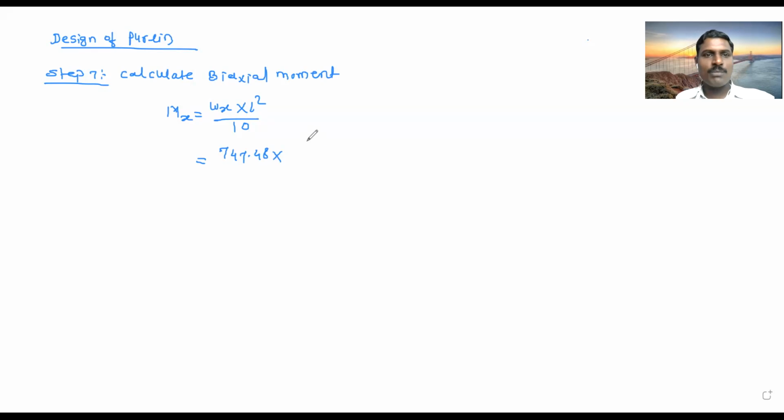L is the spacing of truss we have written. So how much is the spacing of truss? Spacing of truss is 4 meter. 4 square divided by 10. So calculate Mx in Newton meter.